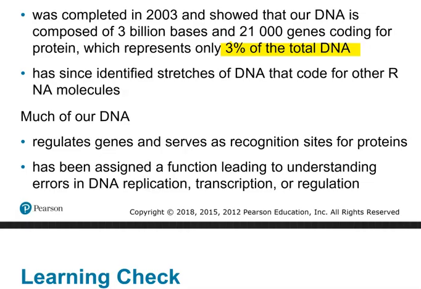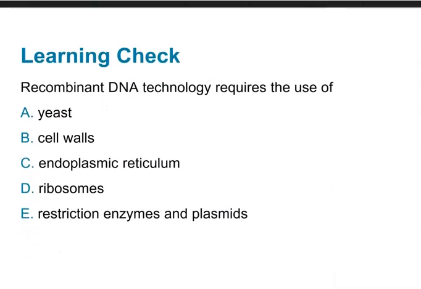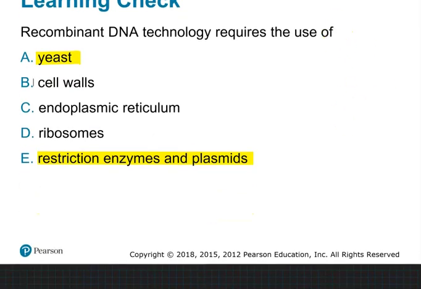And that gibberish is regulation and recognition by proteins. So recombinant DNA technology requires the use of, obviously, restriction enzymes and plasmids, but I told you, technically speaking, it's also yeast. Okay? So let's take a break.